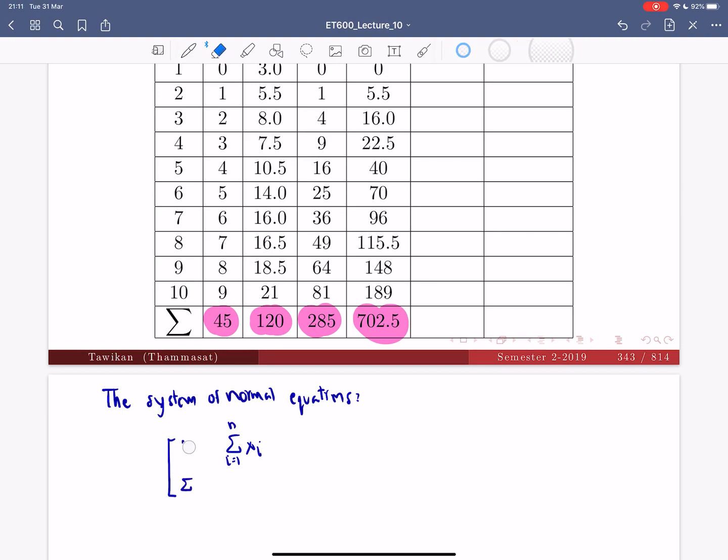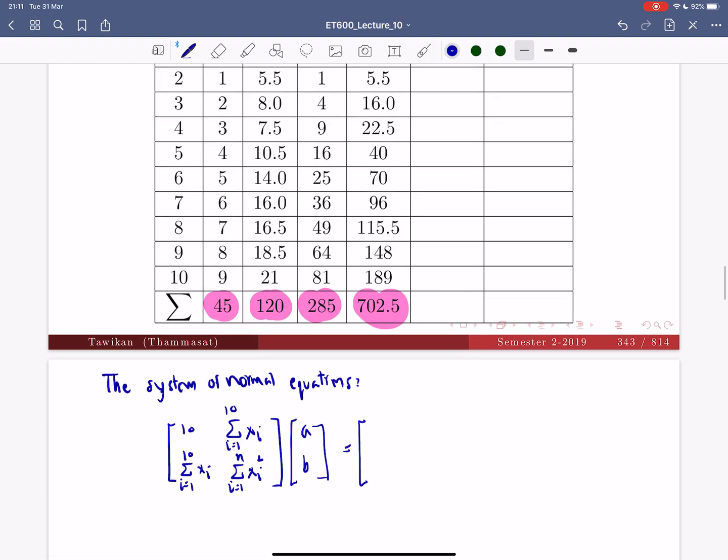That spot is summation of xi, i runs from 1 to 10 as well. And that spot is summation of xi squared, multiplied by the column vector that has a and b, the constants that we have to find out. On the right hand side, summation of yi, and again i runs from 1 to 10 because there are 10 data points. And the last spot is the summation of the product of xi and yi, and i runs from 1 to 10 as well.